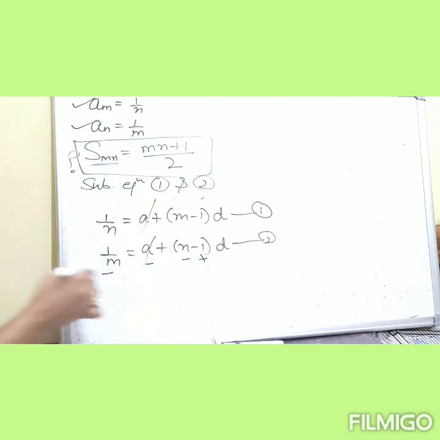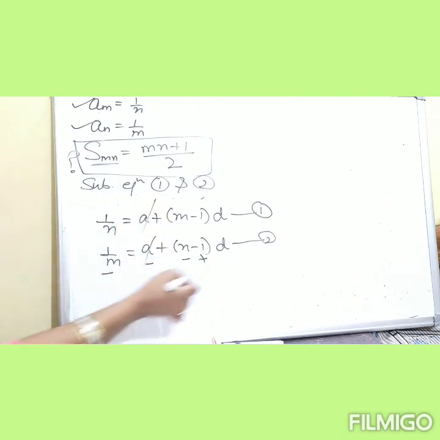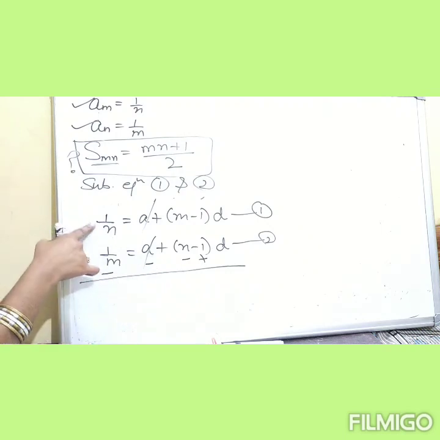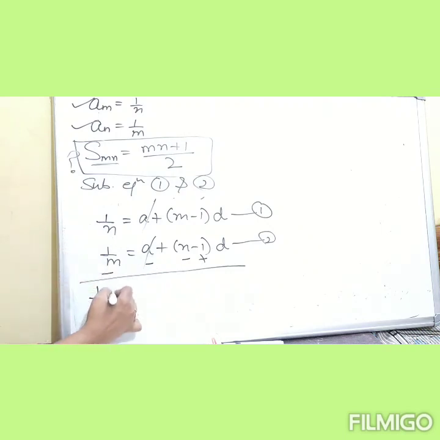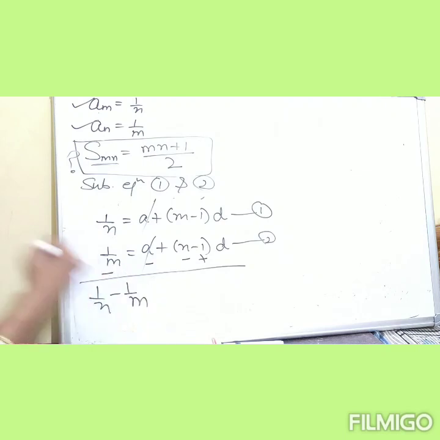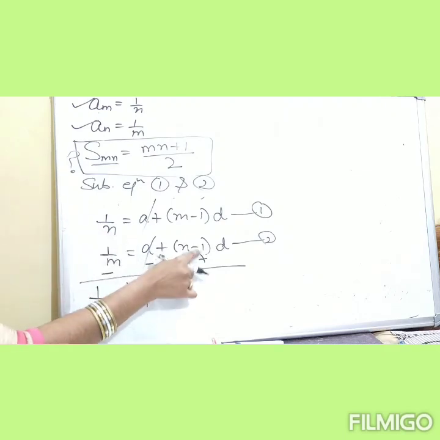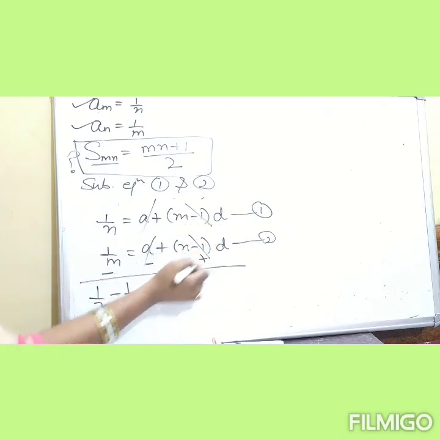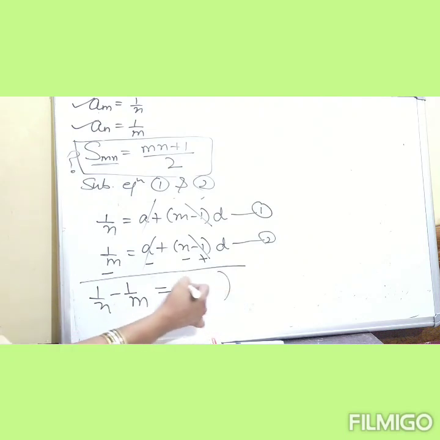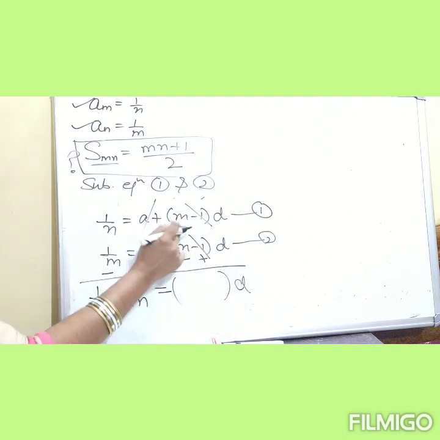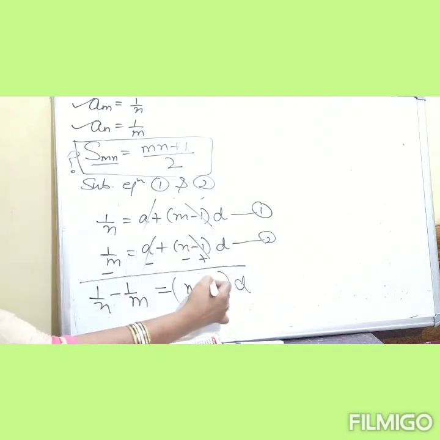So a minus a will cancel out, and we are left with 1 by n minus 1 by m equal to d times, where plus 1 and minus 1 cancel out. d is common in both, so we can take that common and we'll get m minus n.